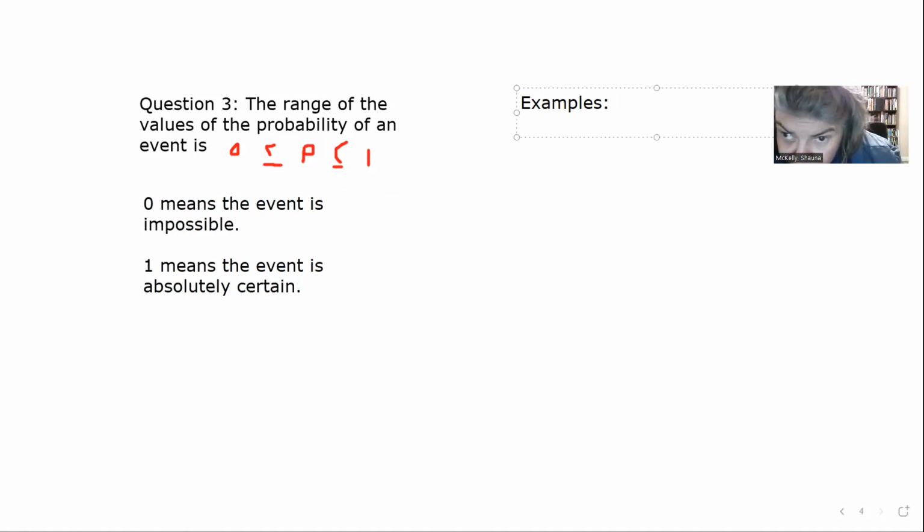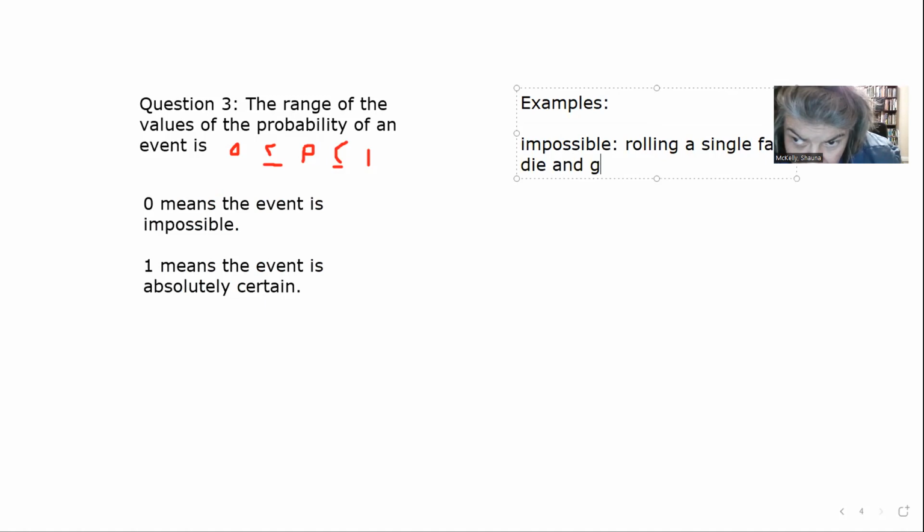But examples of impossible events would be something like rolling a single fair die, and getting a number larger than 6.